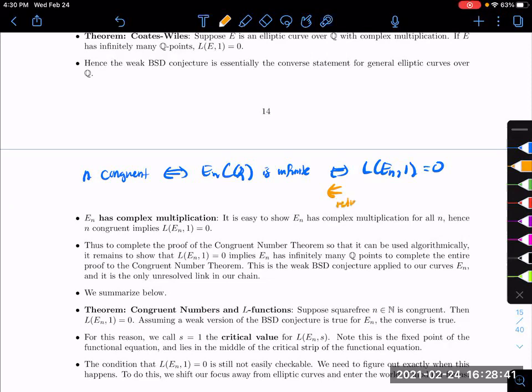So it relies on weak BSD. But this direction here is Coates-Wiles, and this is known, thanks to the fact that these curves have complex multiplication. So we have tied congruence to the L function of our elliptic curve, specifically its value at 1, whether or not it vanishes, which is huge.